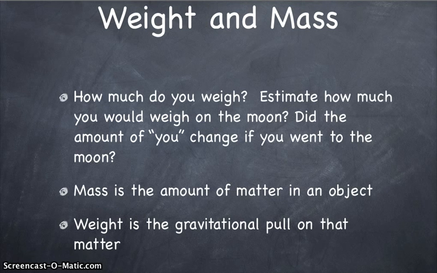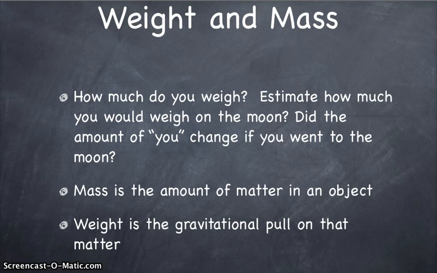Many times in science, weight and mass are confused. How much do you weigh? Please write it down. How much do you think you would weigh on the moon? If you answered in different numbers, did the amount of you change if you went to the moon? Probably not. Mass is the amount of matter in an object.